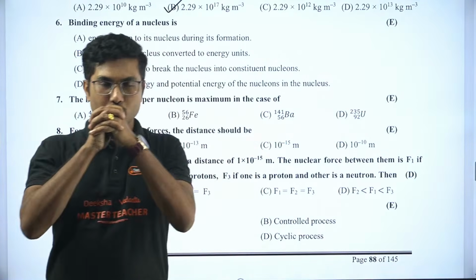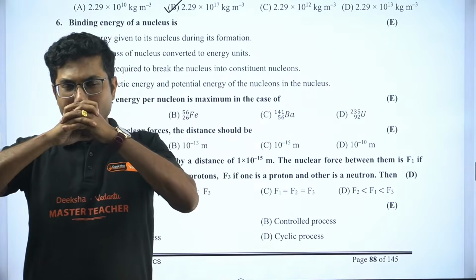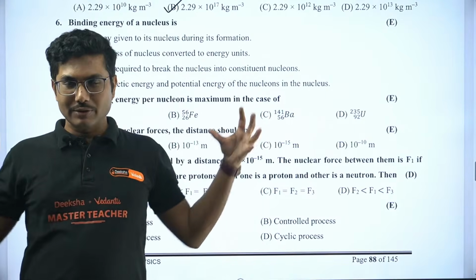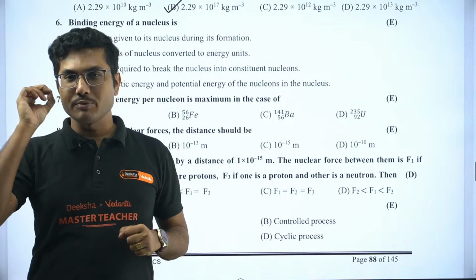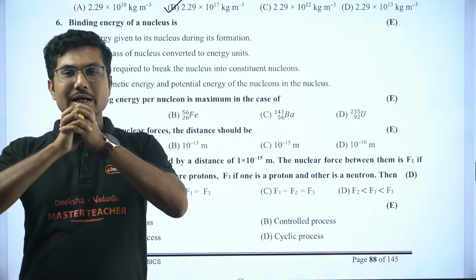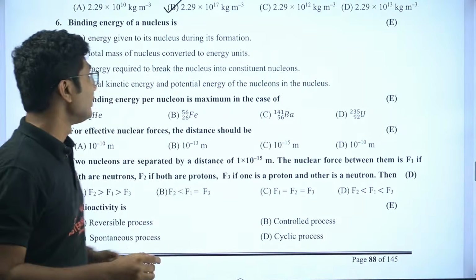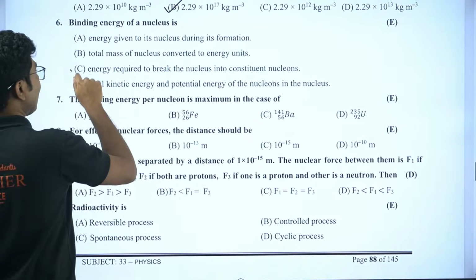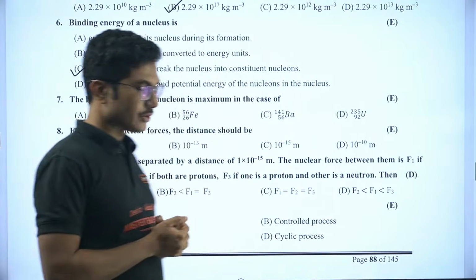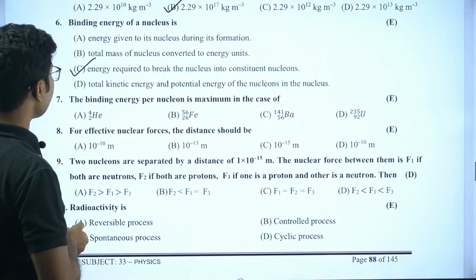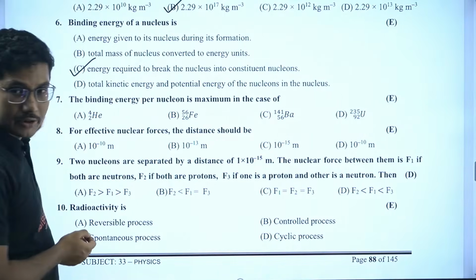It's like a glue. If you want to take apart the nucleus, then the minimum amount of energy that you have to provide so that the nucleus can be broken is the energy required to break the nucleus into constituent nucleons.